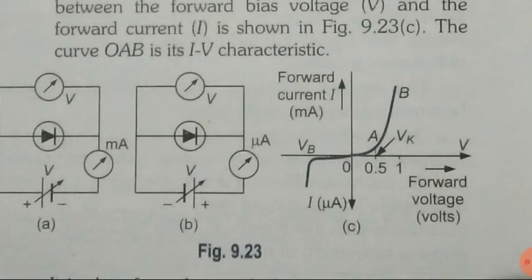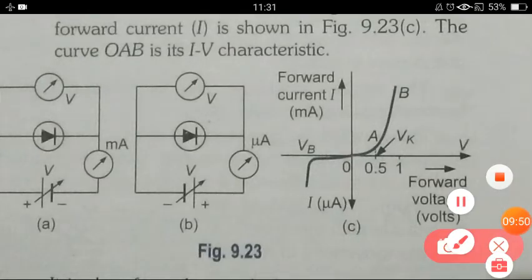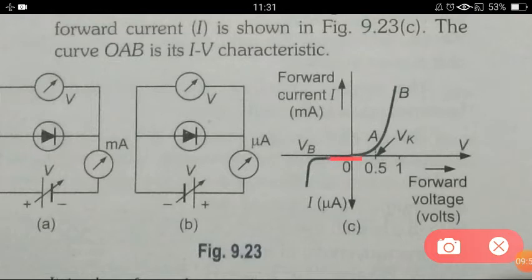In reverse biasing also, initially there is very little current, but suddenly after a certain voltage the current increases very fast. This abrupt increase happens at a voltage called the breakdown voltage.